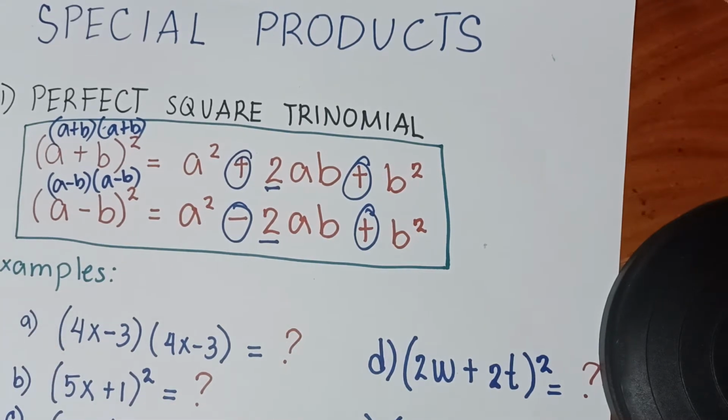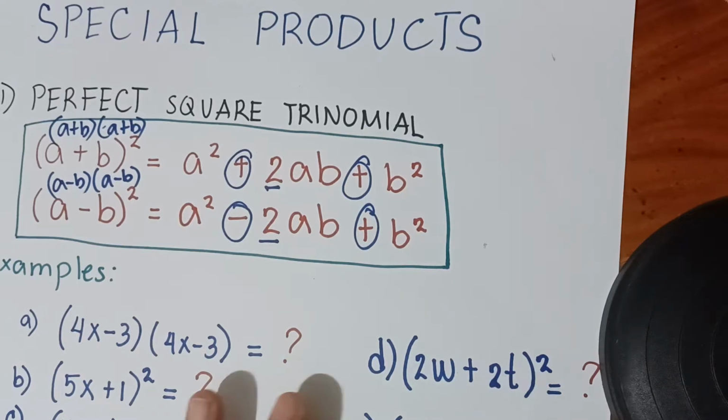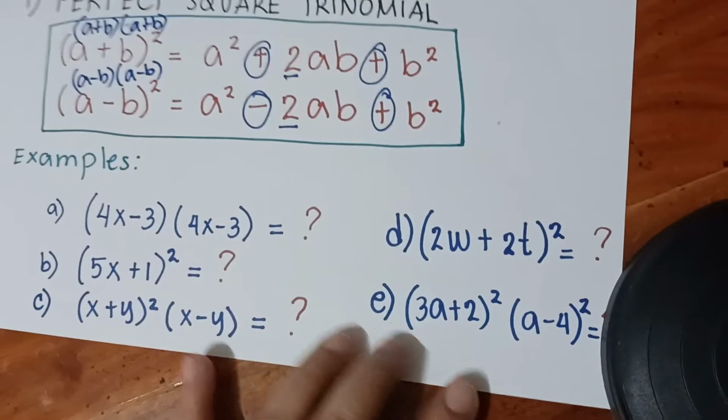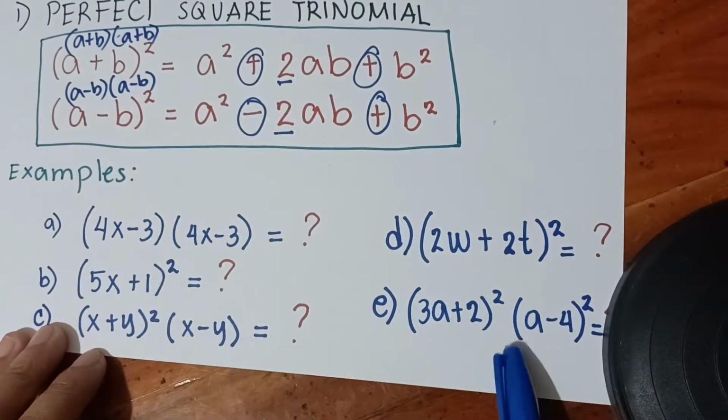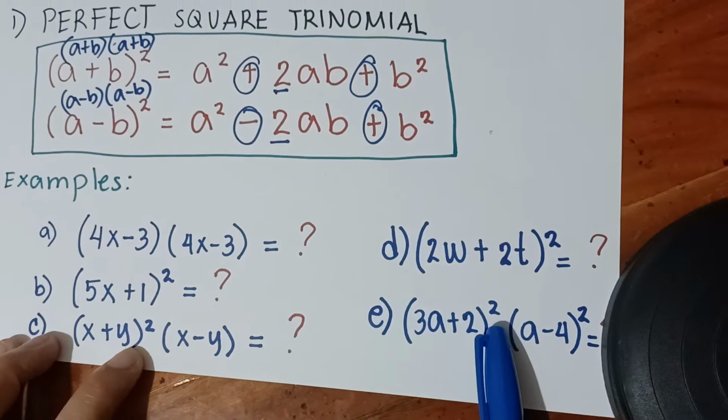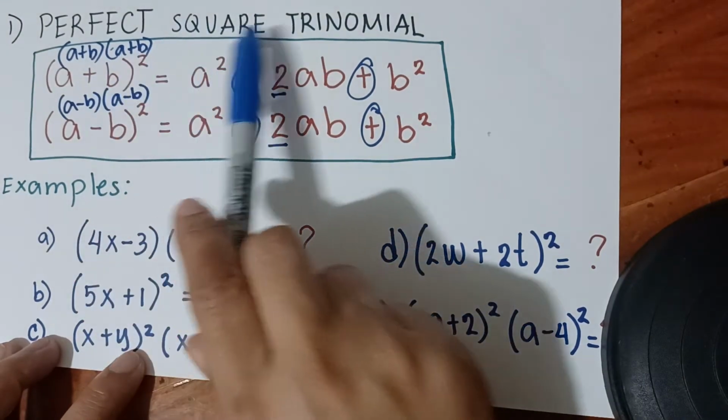Now, to fully understand what I'm saying, okay, let us try to answer these different examples. Okay, so all of these examples are an example of perfect square trinomial.